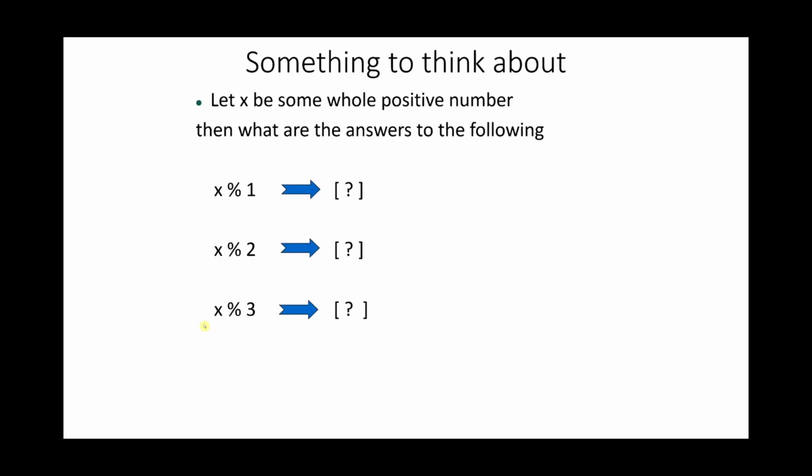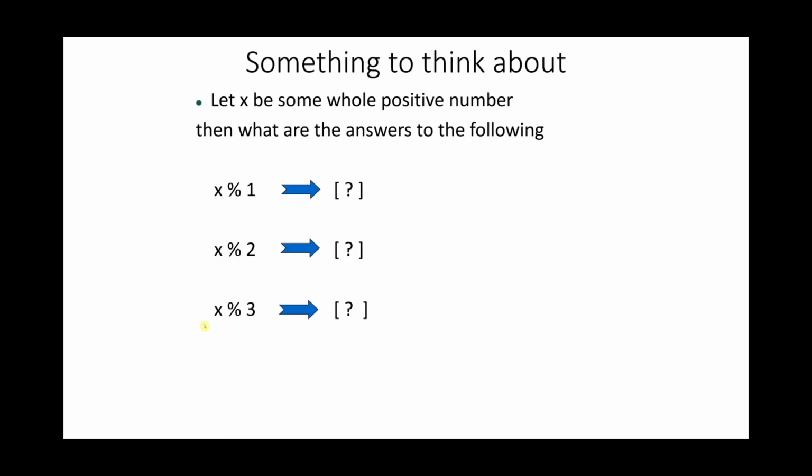Okay, so from the modulus, let x be any positive number. X mod 1 should give you 0. X mod 2 gives you either 0 or 1.